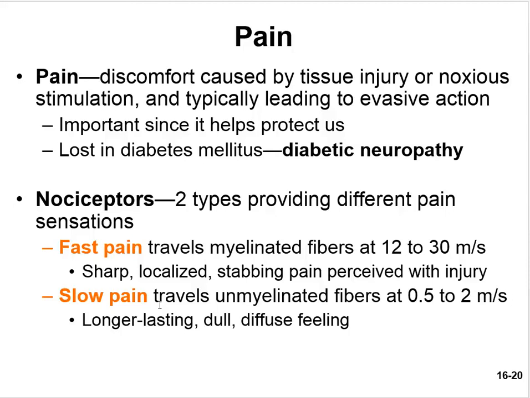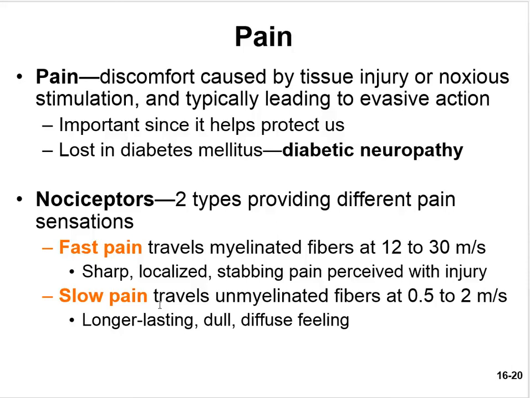For nociceptors, there's 2 types, providing different pain sensations. There's fast pain and slow pain. Fast pain travels on the myelinated fibers, which are faster. That gives us that short, sharp, localized stabbing pain perceived with an injury, like the pricking of a finger.